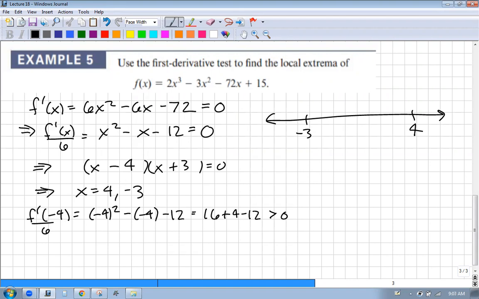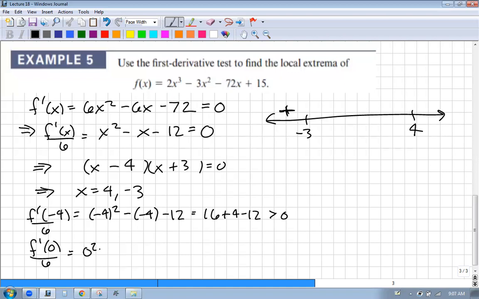So that means f prime is positive over here. Does that make sense? I hope I'm not making things difficult by plugging it into this one instead of that one. This is positive when that is positive; the arithmetic's just easier here. So we know it's positive there. Let's pick a test point in the middle, let's pick 0.